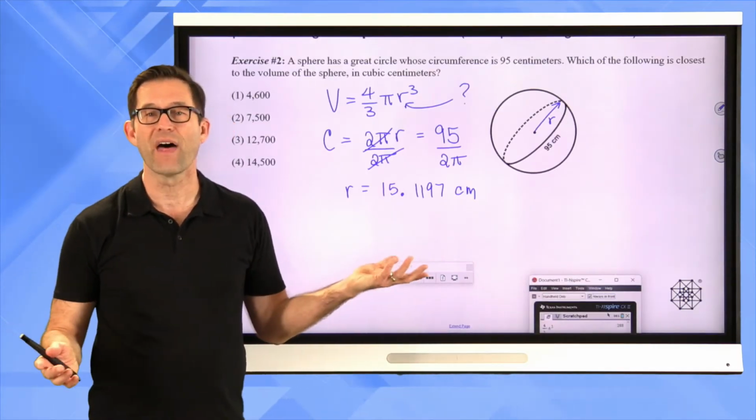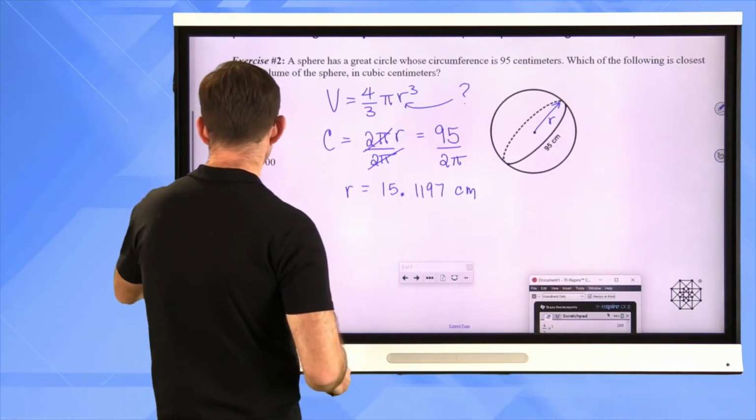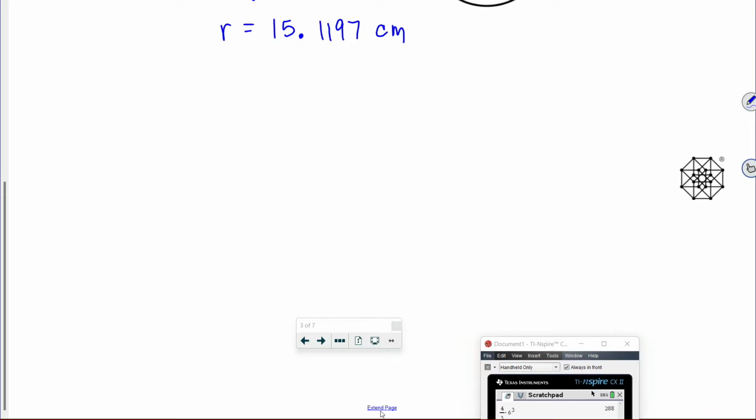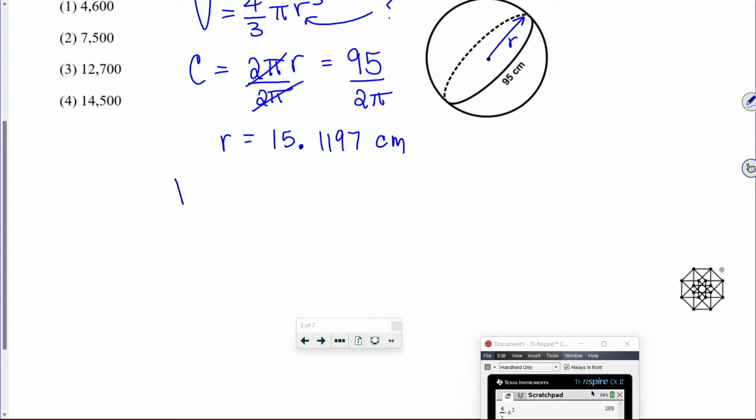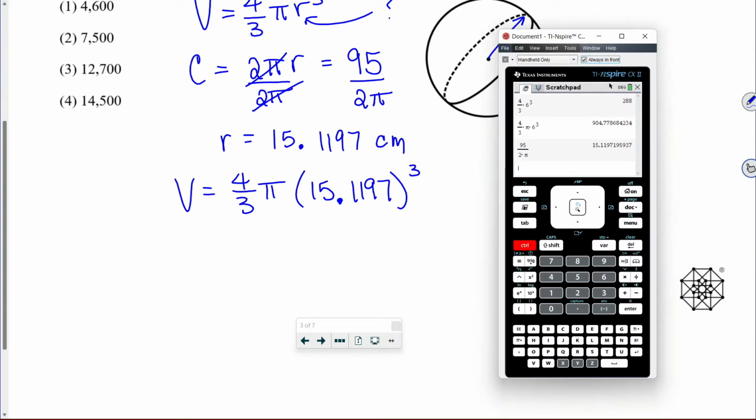Now, once I have that, I just have to take this messy number, plug it into this formula, and figure out my answer. Let me extend my page a little bit. My volume now is going to be 4/3 times pi times 15.1197 cubed. Again, make sure you're always cubing and not squaring. So let's get that in.